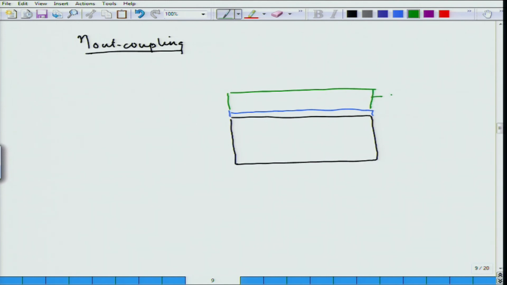This could be a single layer, or as we discussed, to improve the charge balance, this could be a multi-layer structure optimized to get the best charge balance in the device, and then on top I will have the cathode metal.